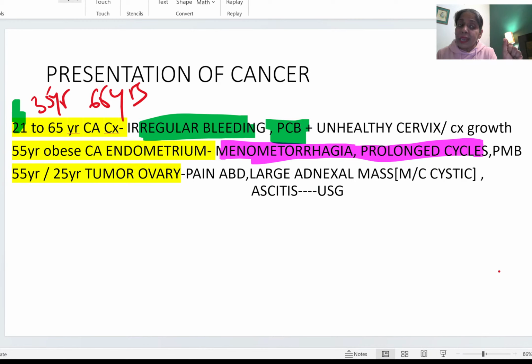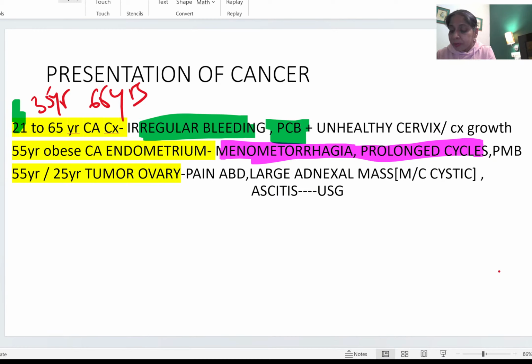Because until the operation we don't know whether that tumor is benign or malignant. In the case of CA cervix we do biopsy at the first step. In CA endometrium, we do too.